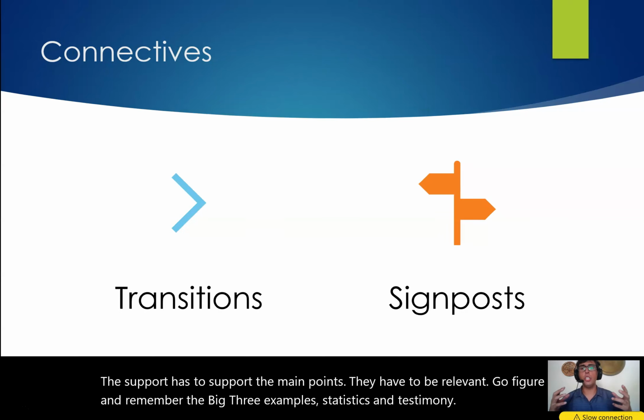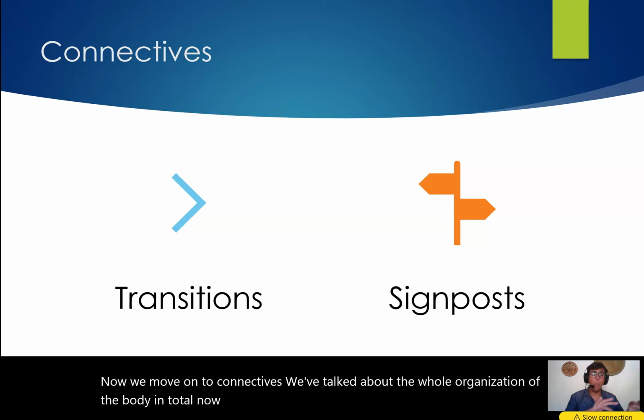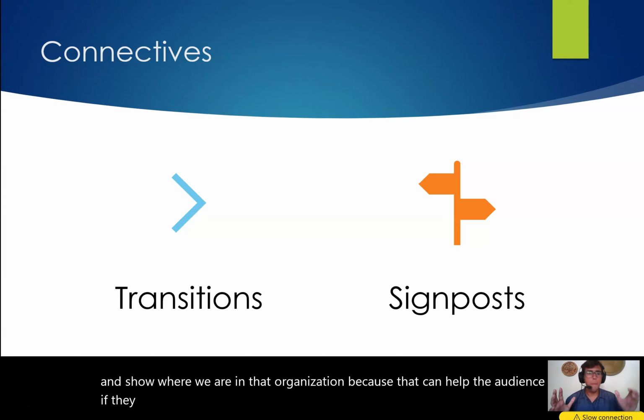Now we move on to connectives. We've talked about the whole organization of the body in total. Now we are going to be talking about how we flow between points and show where we are in that organization, because that can help the audience if they do somehow get lost. Maybe they zone out for a few seconds, and they will be able to find where we are again.